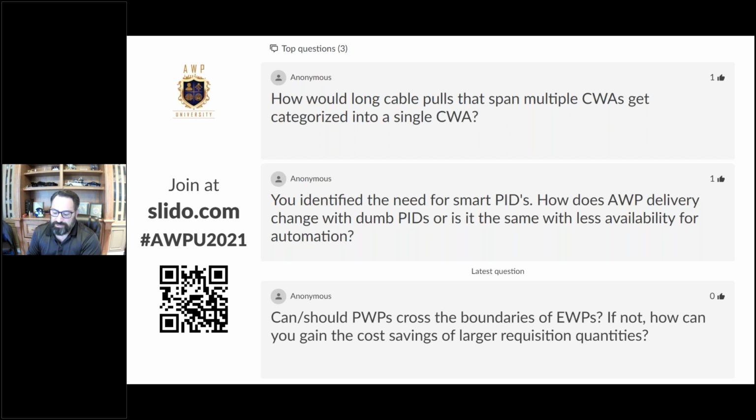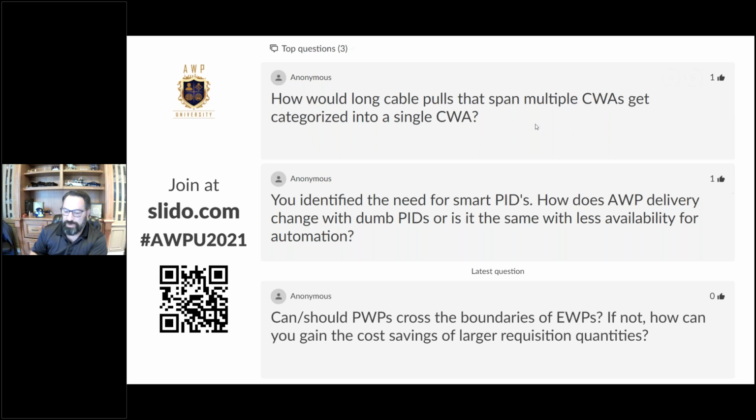So we'll have a CWA that falls on a more discipline-specific basis. But the reason we do that is because it's a bit of an outlier, because we obviously can't cut a cable pull. A cable pull doesn't get cut along package boundaries. It needs to be completely within a single package, because you pull a cable from point A to point B, you don't stop at one point and wait for something else. So it needs to be completed within a CWA.